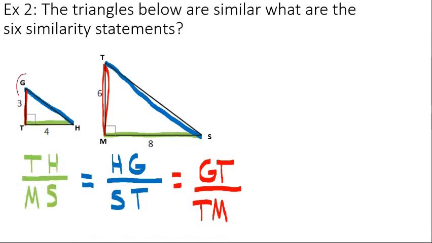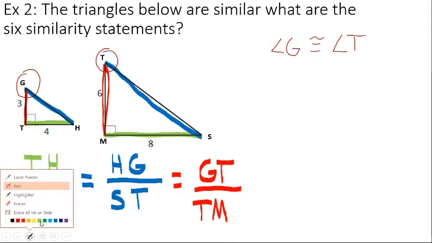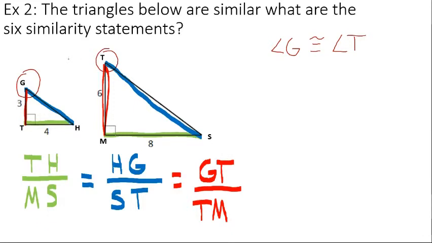So we also say that angle G and T are congruent. So we say angle G, angle T. Next one, this angle right here and this angle right there are congruent.